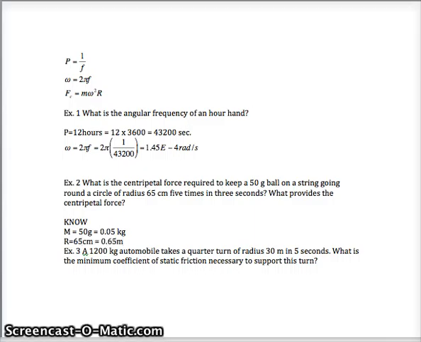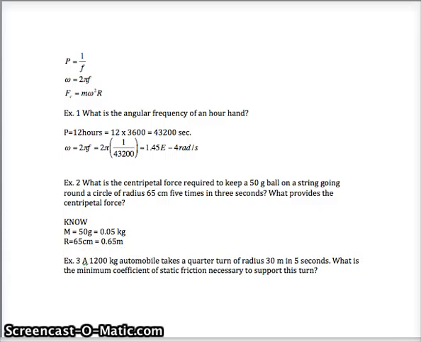So you got to get used to using these units. And we've got to get the angular frequency. We know the frequency is going to be 5 times every 3 seconds. So that's going to be 5/3 cycles per second.